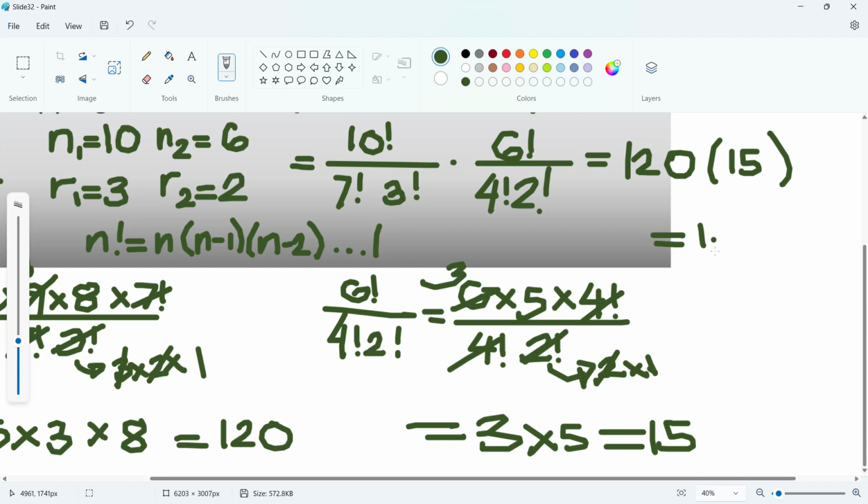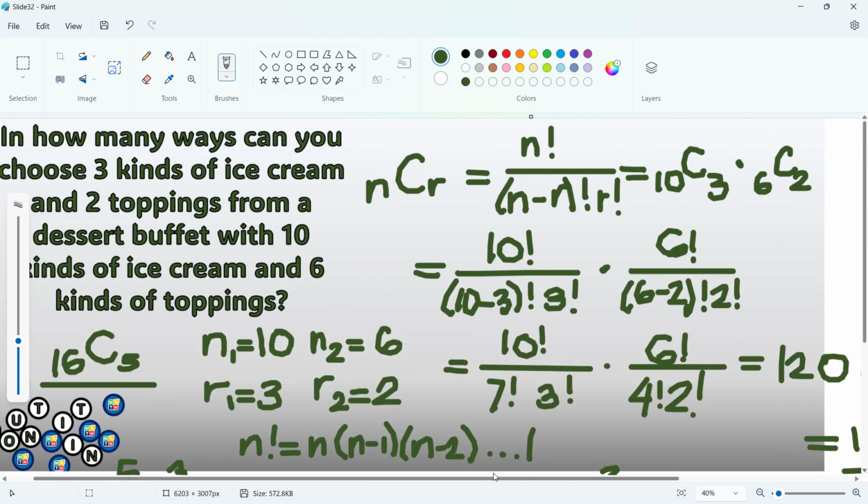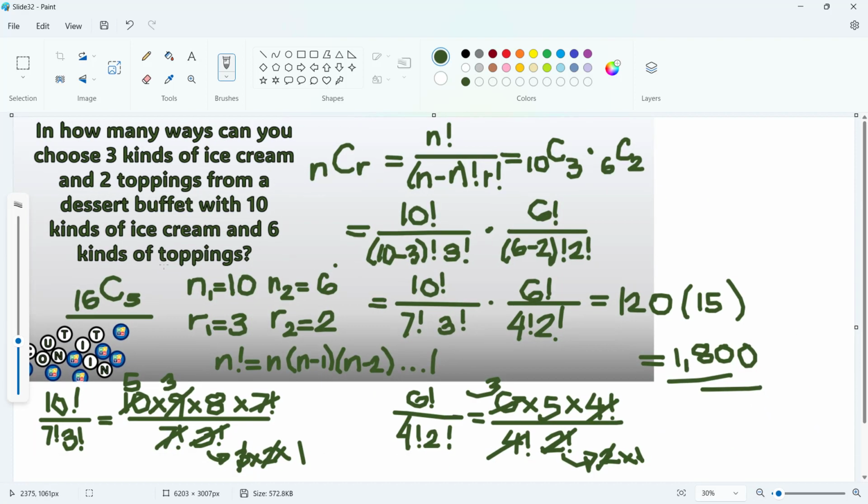You will have 1,800 possibilities or 1,800 combinations. This is actually the answer to our problem here, talking about the number of ways we can select 3 kinds of ice cream and 2 toppings from a dessert buffet of 10 ice creams and 6 kinds of toppings, 1,800.